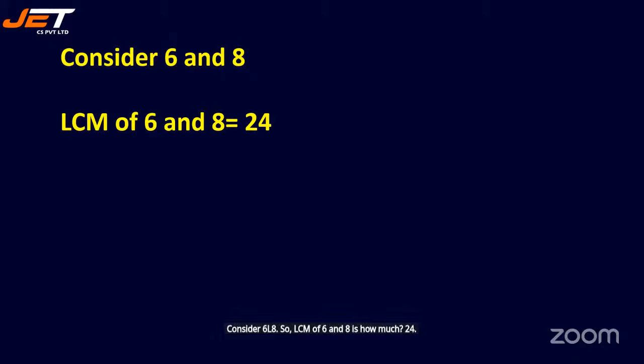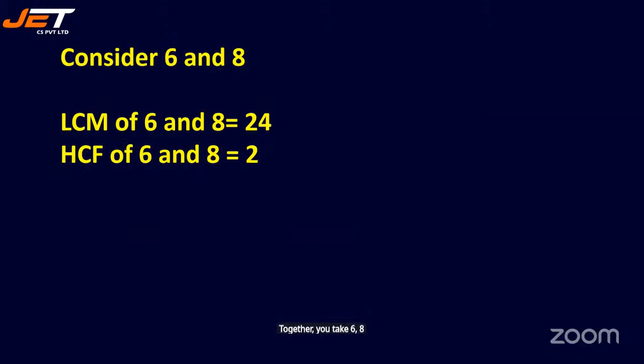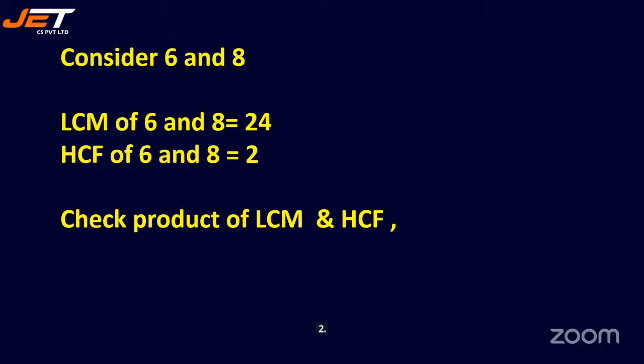24. Right. So you all know 2, 6 will go on 2, 3. Then 3 and 1. And next you have 8. 8 is together, you take 6, 8. So you get 24. So HCF of 6 and 8 is 2. So check the product of LCM and HCF.